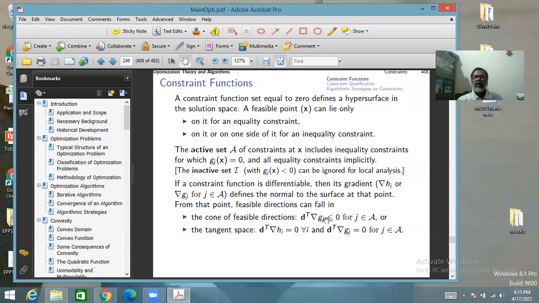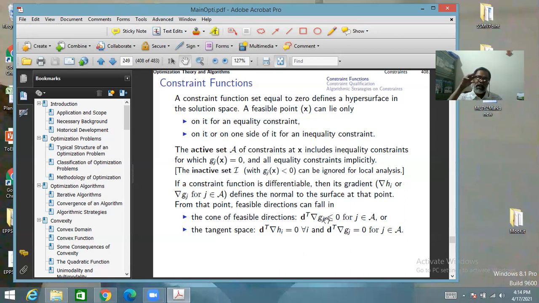So this kind of inequalities will define what is called the cone of feasible directions. Why? Because one hypersurface goes like this, and on that a point is lying. If another such inequality constraint is active at that point, then that will have another hypersurface cutting through the first hypersurface, and a third.